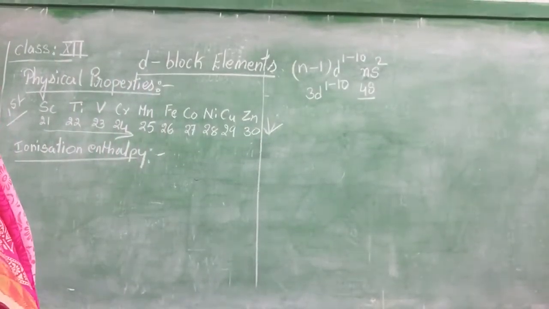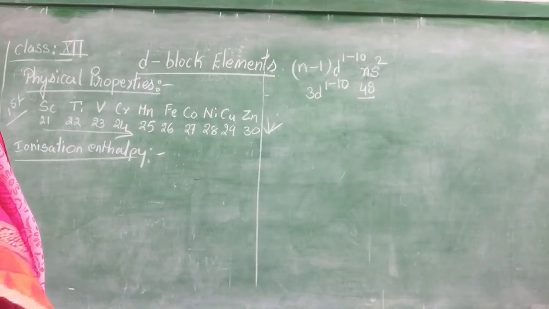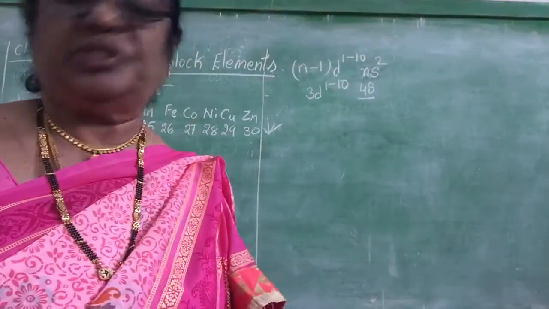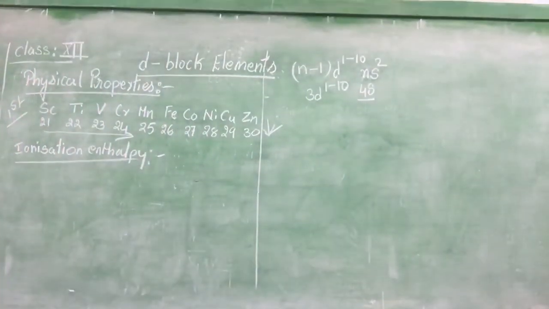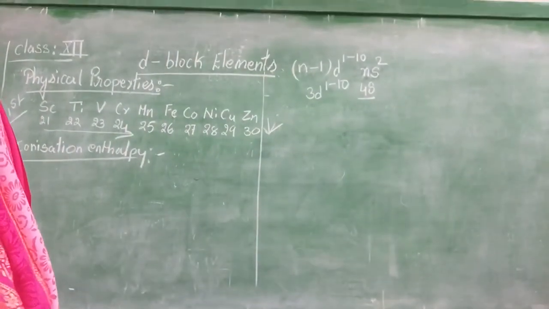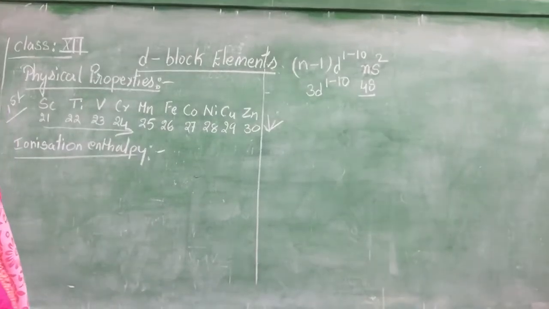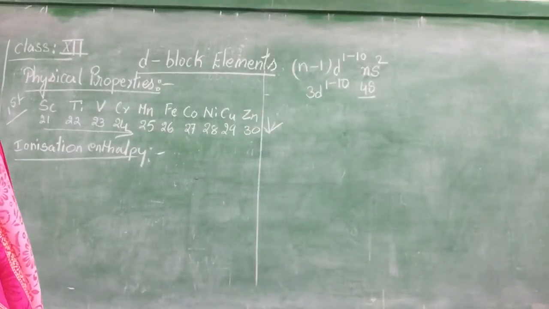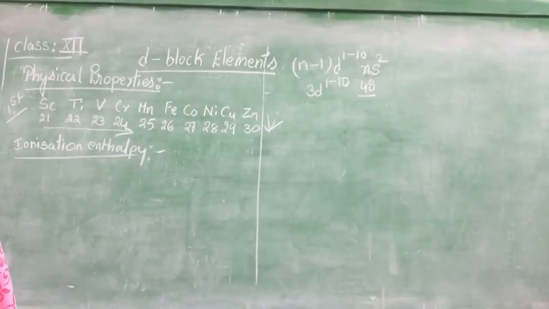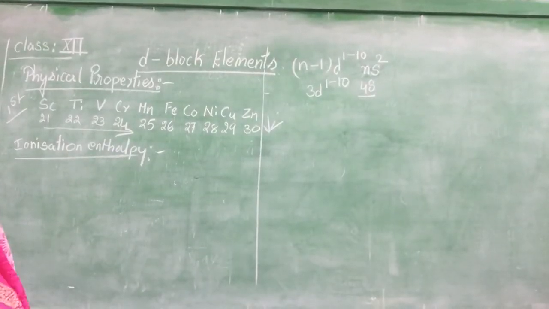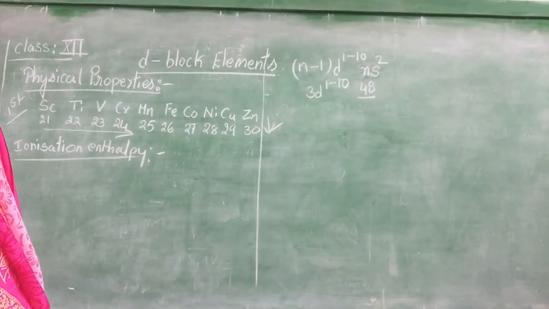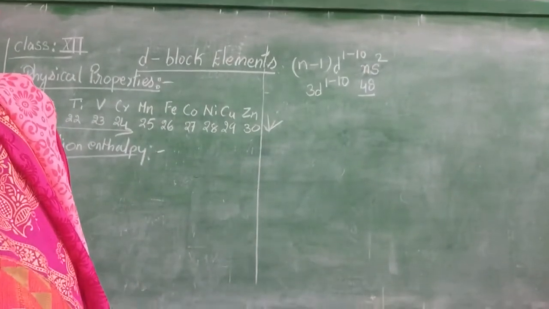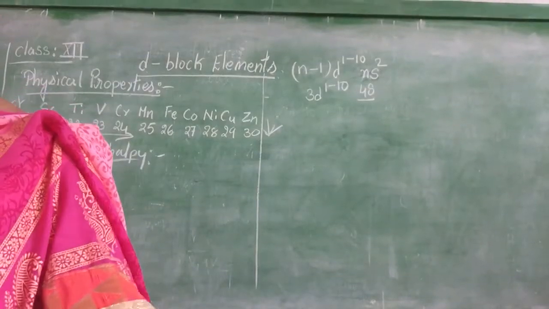So there is a generally expected increasing trend in the values as the effective nuclear charge increases. However, the value for chromium is lower because of the absence of any change in the d configuration, and the value for Zn is higher because it represents an ionization from the 4s level. Okay children, clear? Ionization enthalpy.